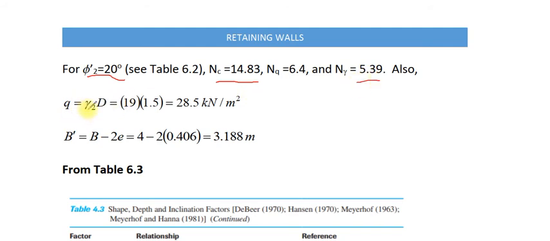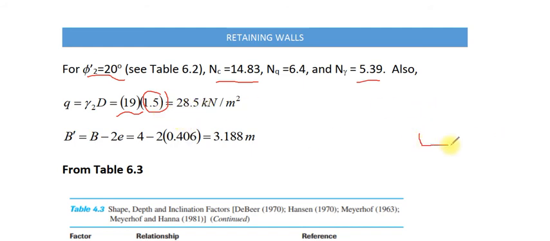q equals gamma multiplied by D, with gamma of the soil 19 and D equal to 1.5. This gives us 28.5.